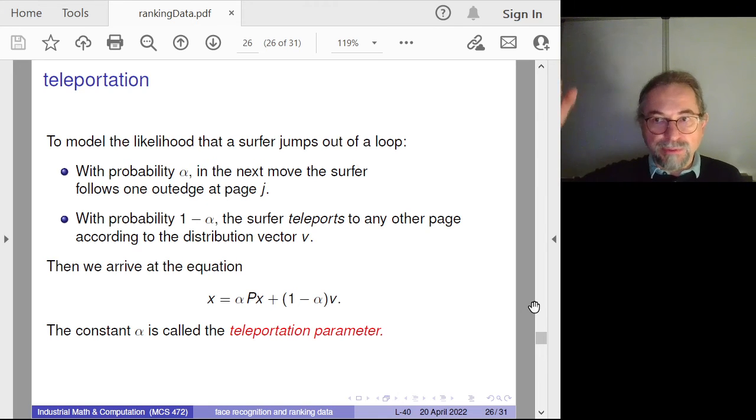There is a probability associated with every page that the surfer will go there. And that probability distribution is also essentially related to the importance of every page.